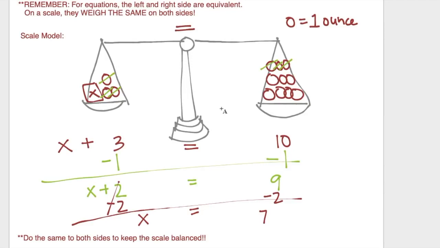But remember, math people, we're very lazy. So once we figure out the trick that you have to do the same things on both sides, we don't need to draw anymore, right? We can just do it algebraically and not have to draw. Let's move on to 2 other models.